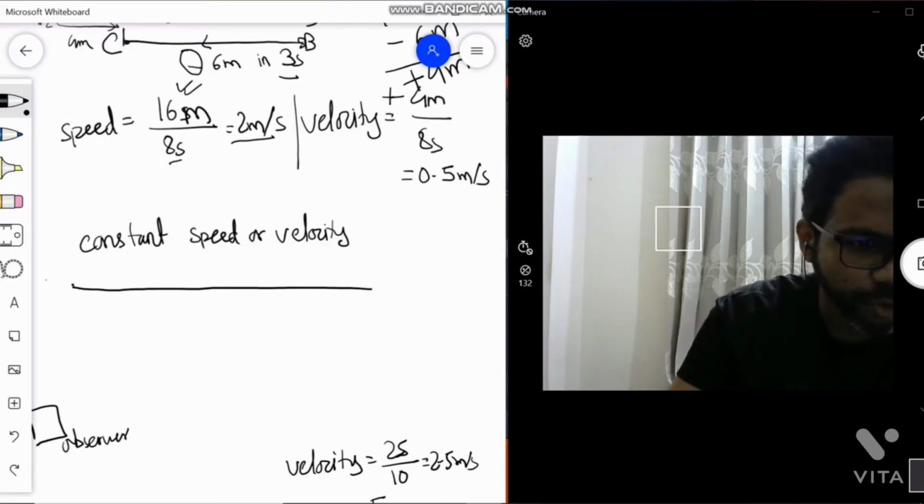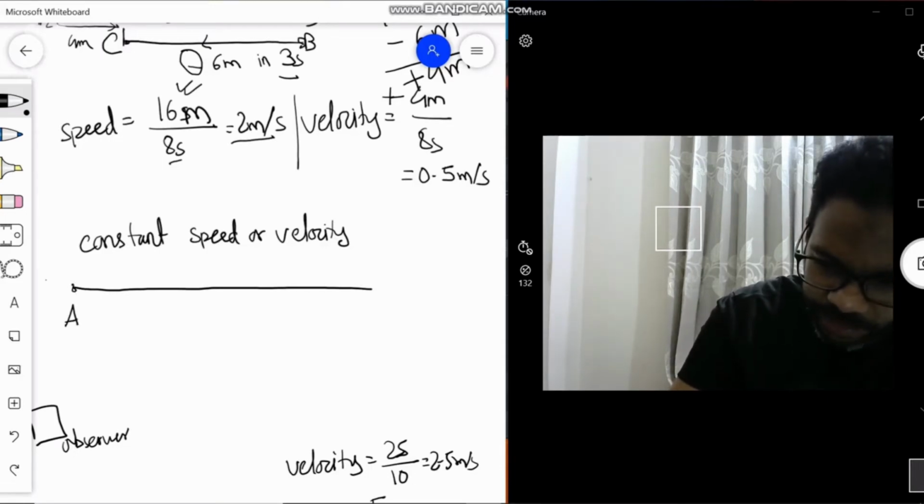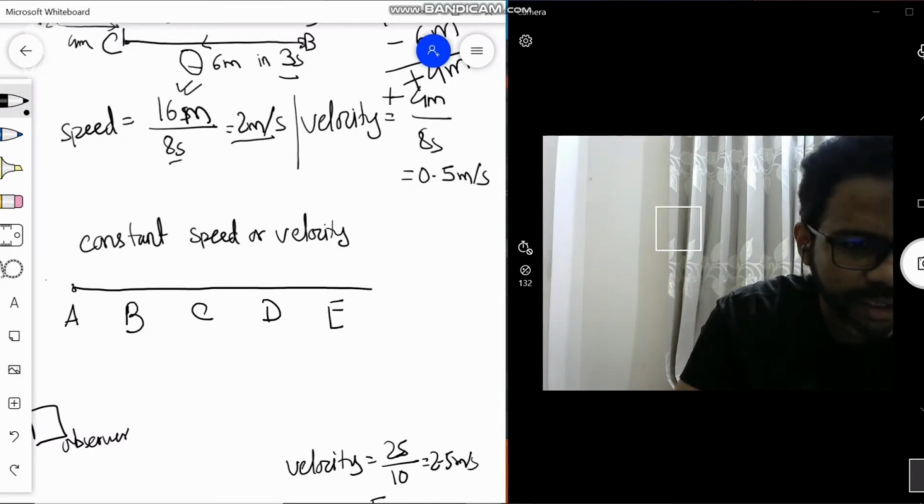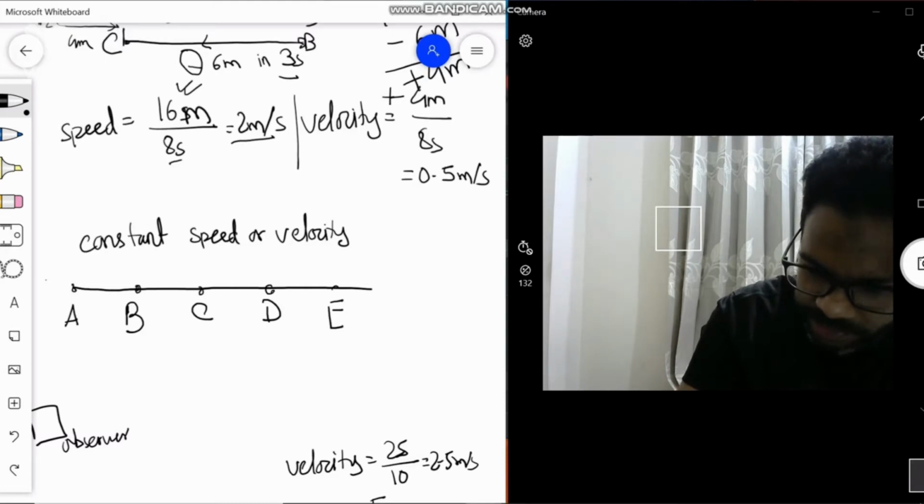It starts at this point, which we are considering as A. It moves a certain distance to B, then to C, then to D and E, and so onwards. So let's mark these points: this is B, then C, D, and E.